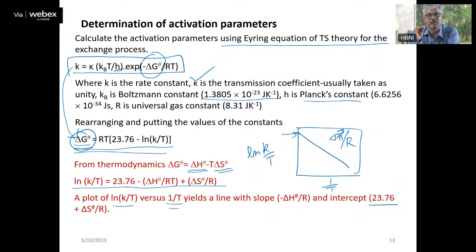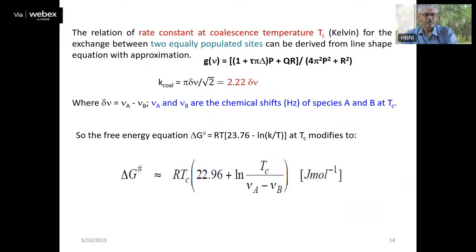This is the way. So if you find out the rate constant, with the experiments I described, then you can find out the activation parameters.